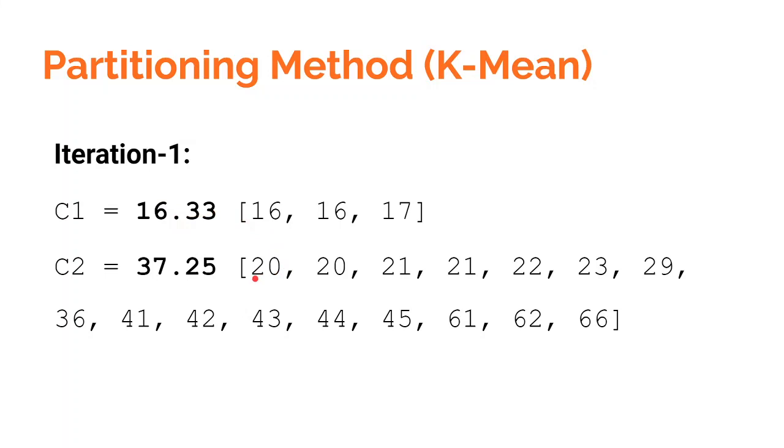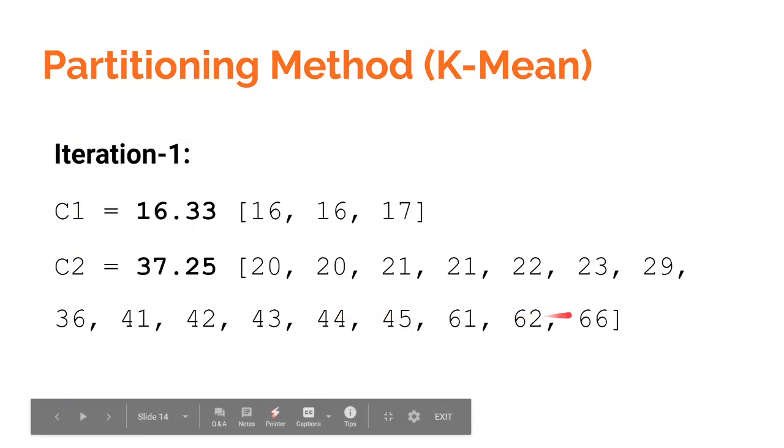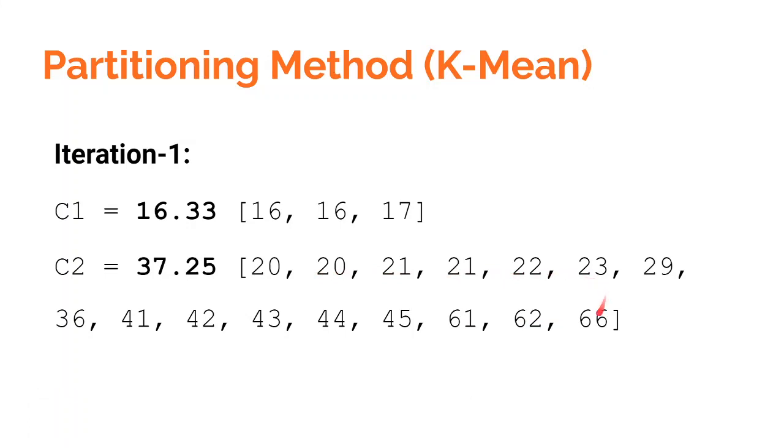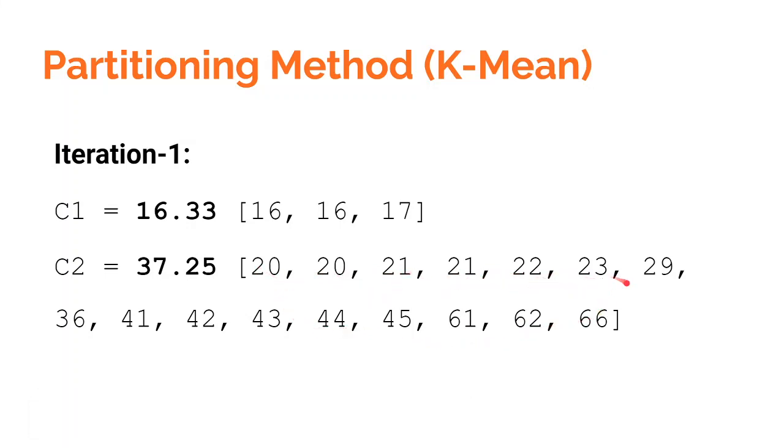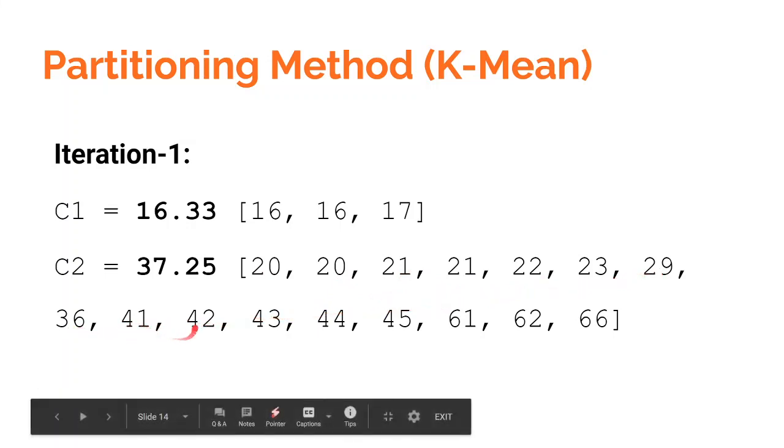Again here I got the mean value as 37.25. Here I have made the sum of 20 plus 20 plus 21 up to 66, and how many values are present in this cluster? 1 2 3 4 5 6 7 8 9 10 11 12 13 14 15 and 16.